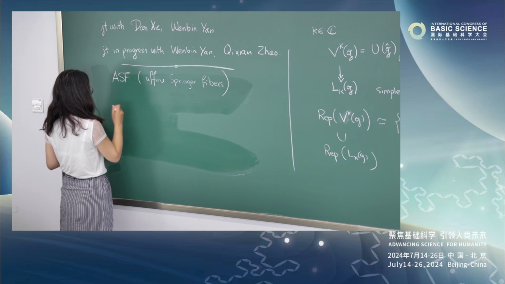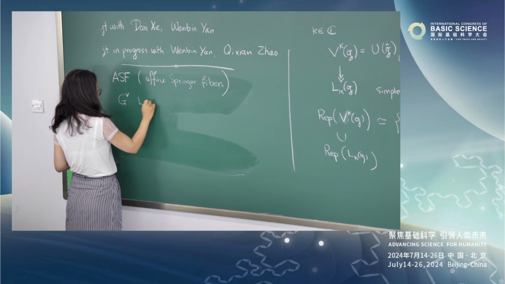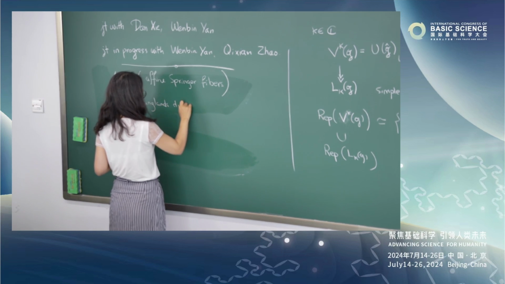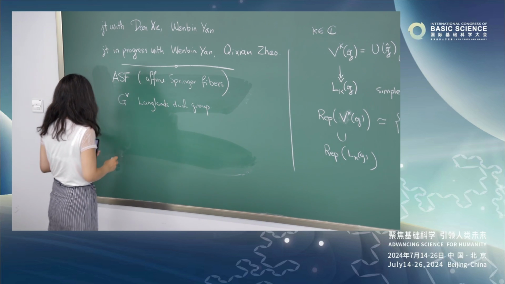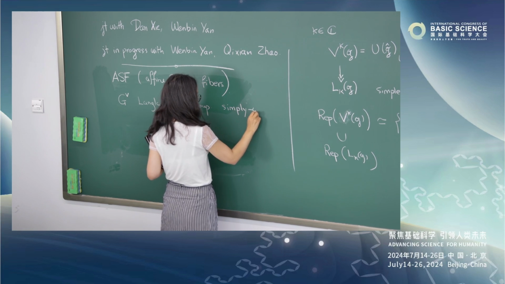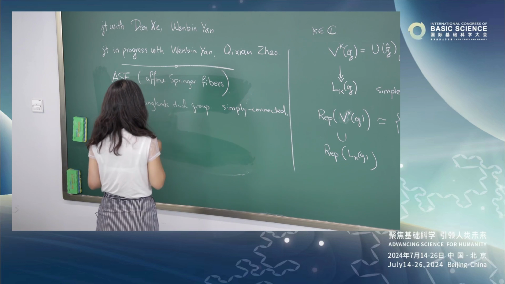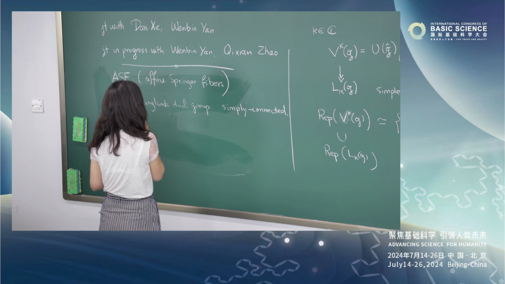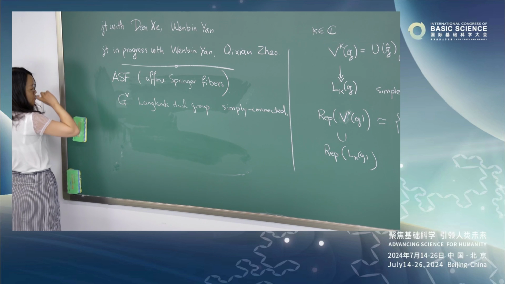Okay. And here I take G check, the Langlands dual group, and assume it's simply connected. Well, maybe let me just simplify it.